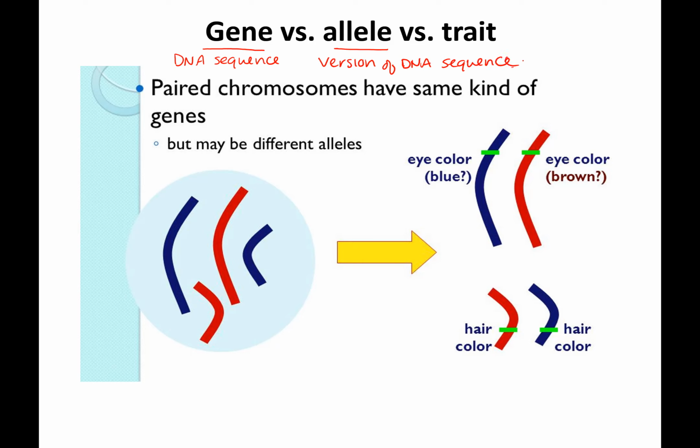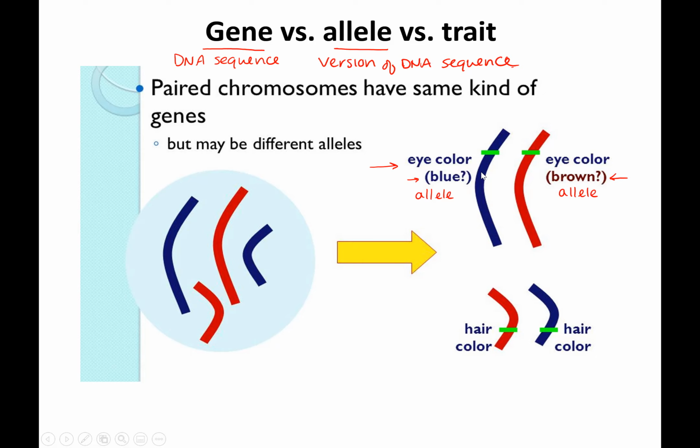So, as we see here, you can have an eye-color gene, and you might have the blue or the brown allele. So these are the alleles, these are the versions, and alleles differ by different DNA sequences, which will ultimately make different proteins.